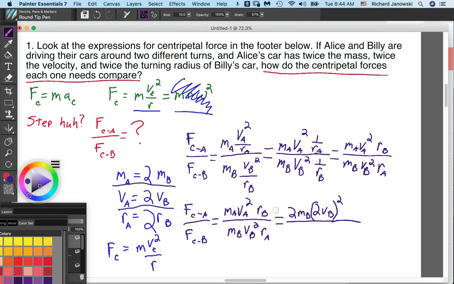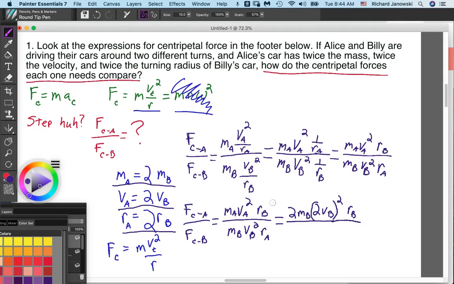So yeah, if you're going to replace velocity of Alice with something, and velocity of Alice gets squared, you have to make sure the whole thing you're replacing it with gets squared. So we have that. Next we get to radius of Billy. Well, let's look at what we know about the radiuses. Radius of Billy would be difficult to sub for, so I'm keeping radius of Billy. I'm going to end up switching the other things.